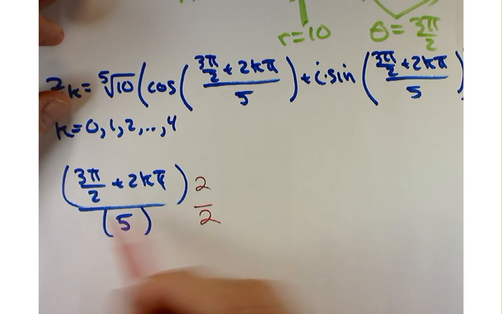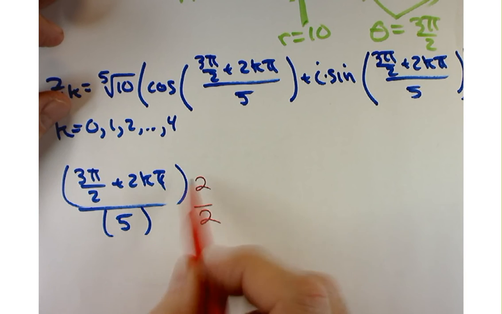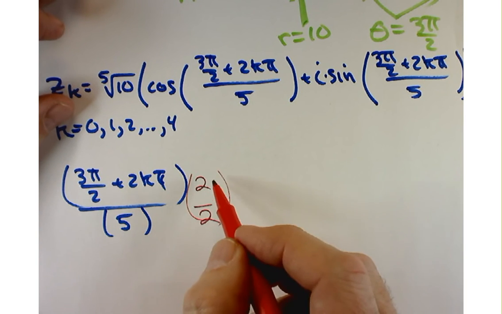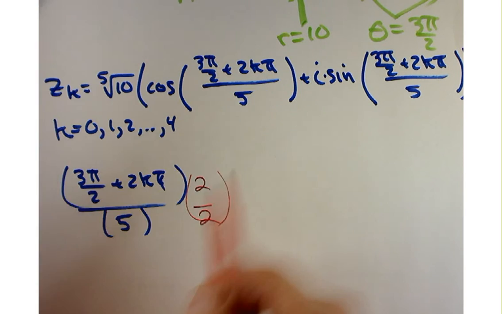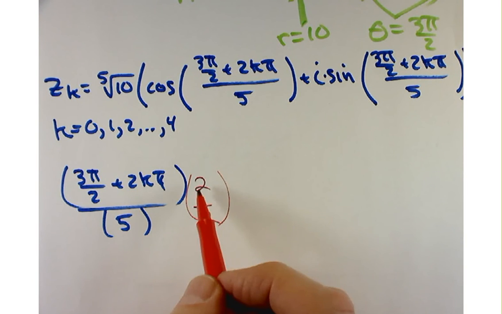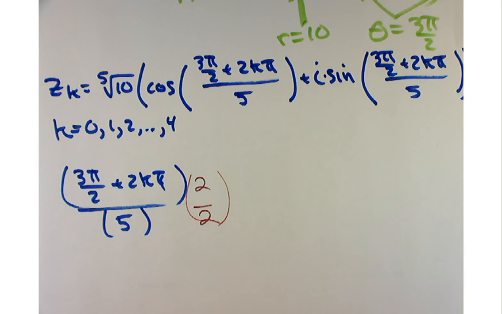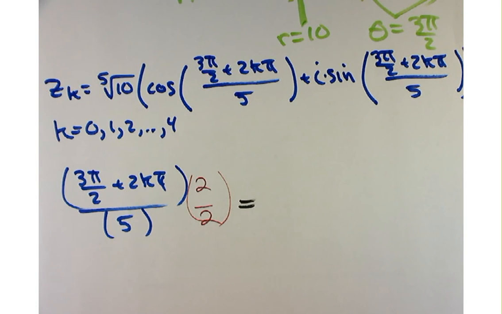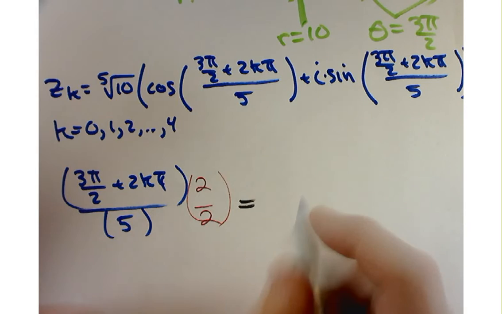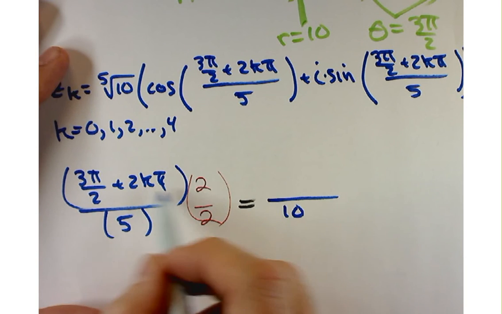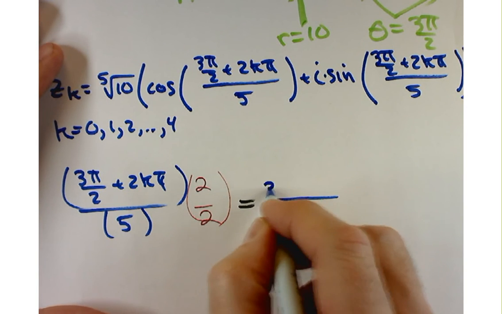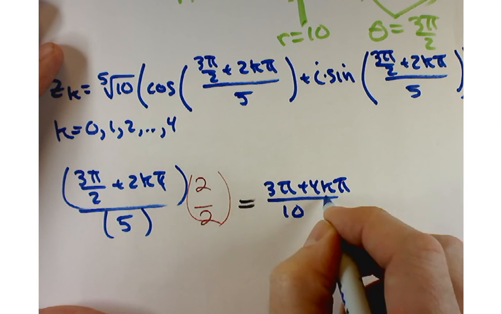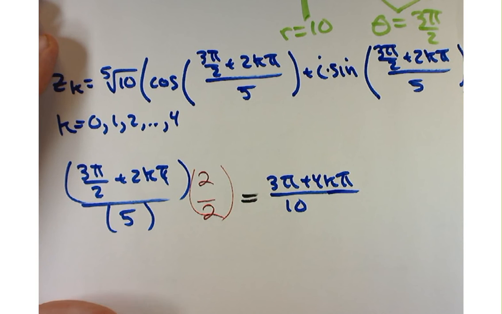When I do that, am I changing the value of this? No, because I'm multiplying essentially by 1. But instead of canceling the 2 and the 2 here, if I distribute the 2 in the denominator, I get a 10. And in the numerator, I get 3 pi plus 4k pi. And that might be a little bit easier to work with.